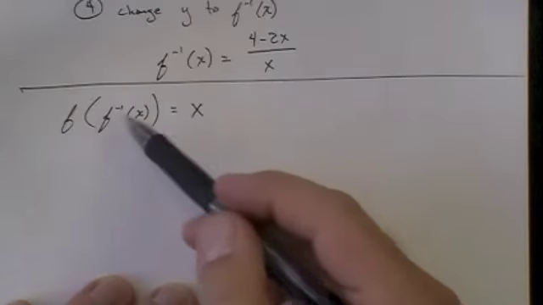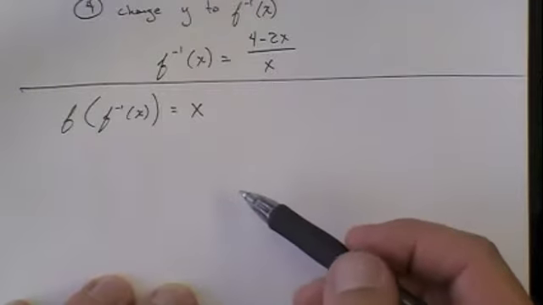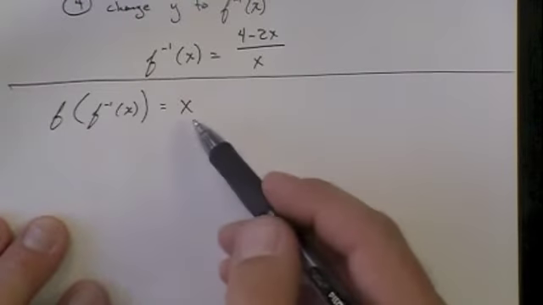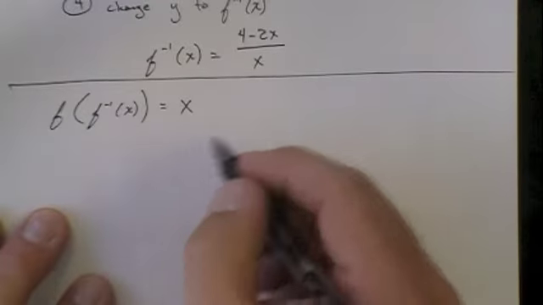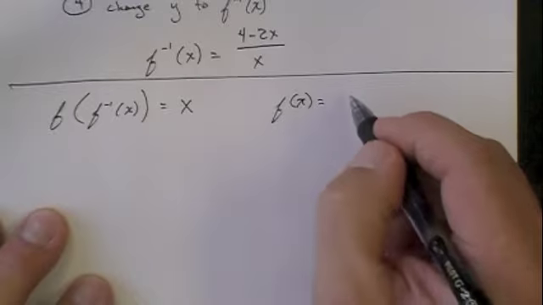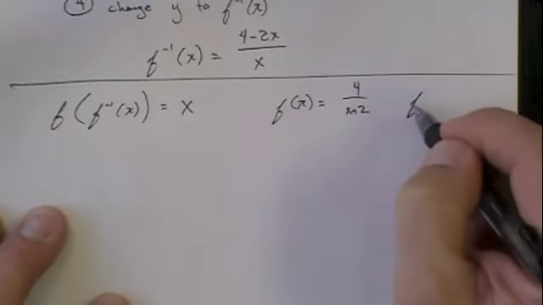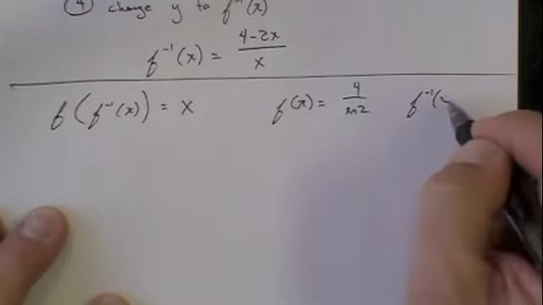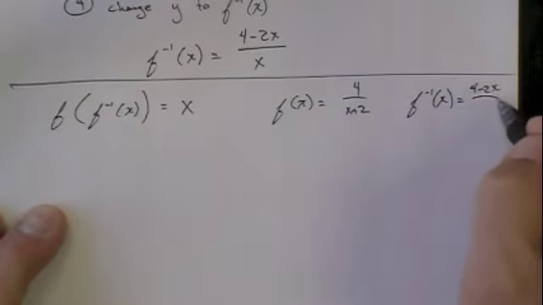To check our work, if we plug the inverse value of x into our original equation f of x, when we simplify it all, it should come back to just equaling x. So our original f of x was equal to 4 over x plus 2, and then we just found the inverse to be equal to (4 minus 2x) over x.